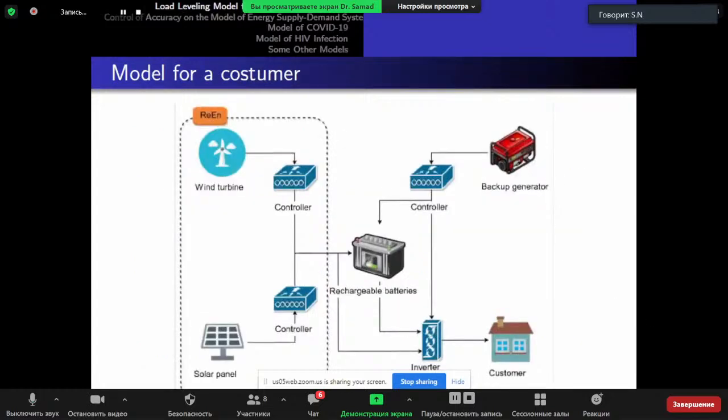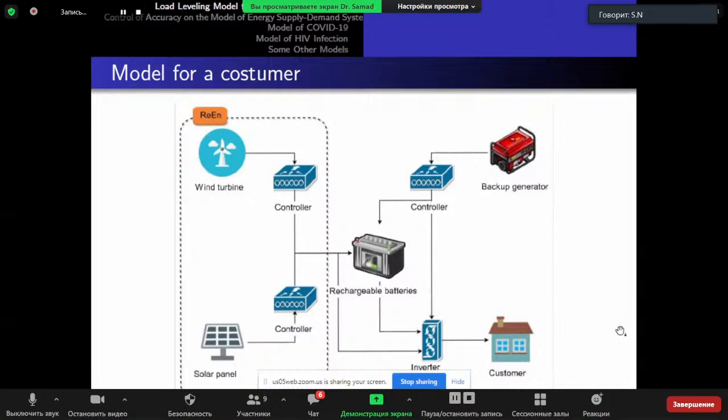As you know, we can provide energy using different tools, such as generators, panels, or others. But we have some limitations related to using this energy because the customer cannot use all of it.